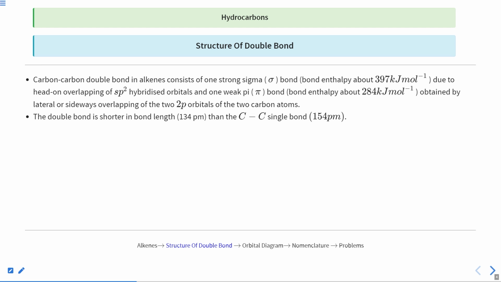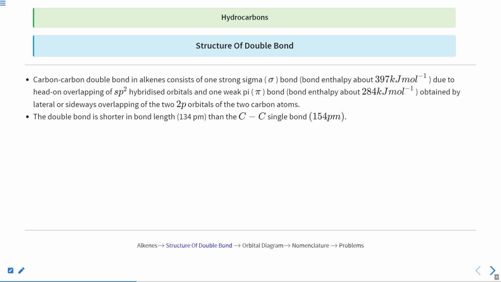Now, how is this pi bond formed? It is formed due to the side or lateral overlap of the p orbitals, specifically the 2p orbitals of the two carbons.